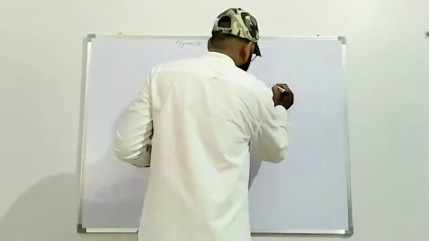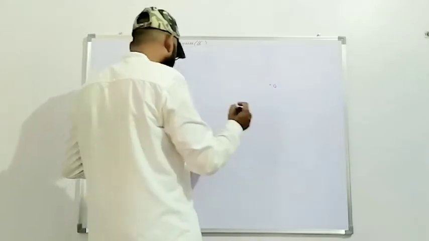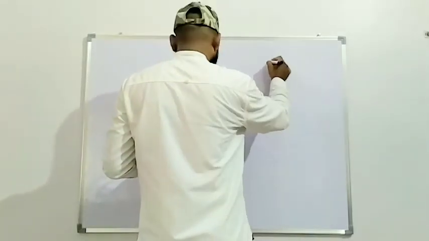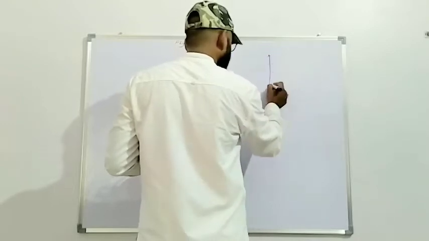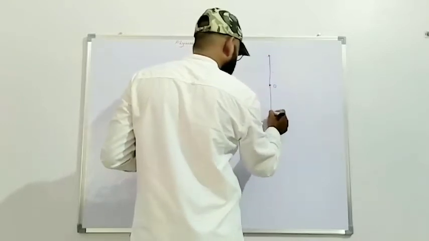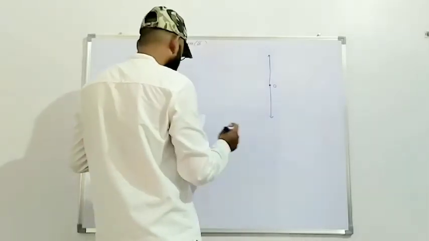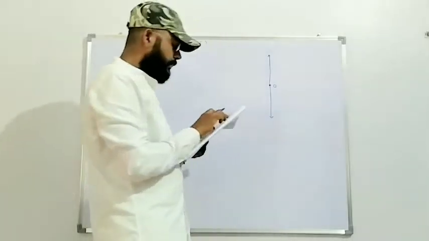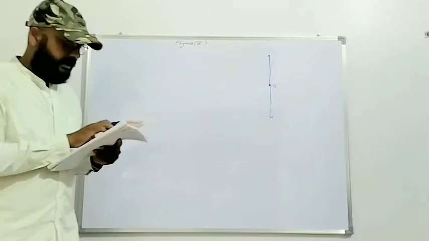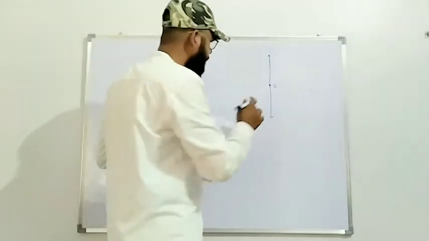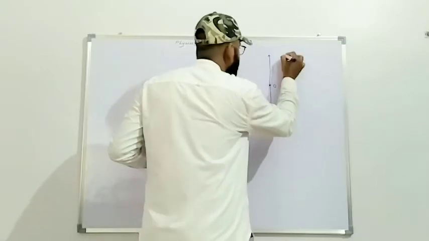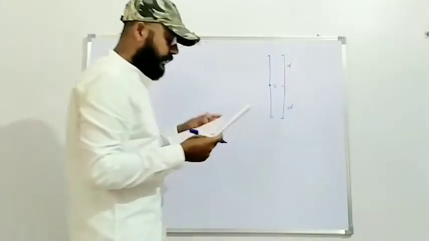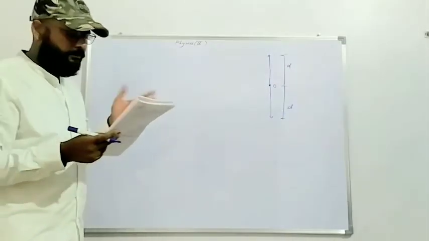So this is the reference point and two cars are moving in opposite direction. Suppose one car is going in this direction, and from here one car is going in this direction. Two cars moving in opposite direction cover the same distance d, means this distance is d and this distance is also d, in 1 hour.